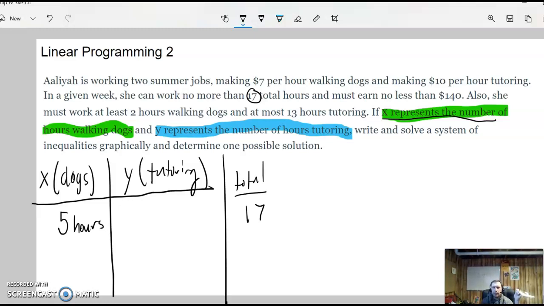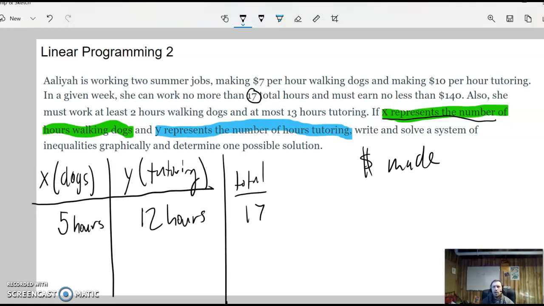So 5 and what is 17? Well, 5 and 12 hours is 17. I like to think through that because that's one of our constraints, and you should be able to read this and say, oh, 17 total hours. So tutoring plus dogs is 17.